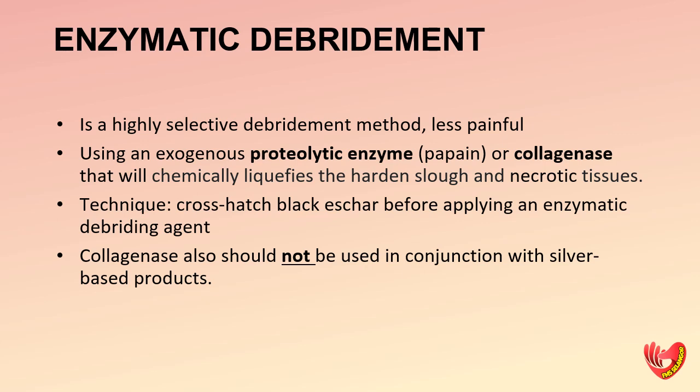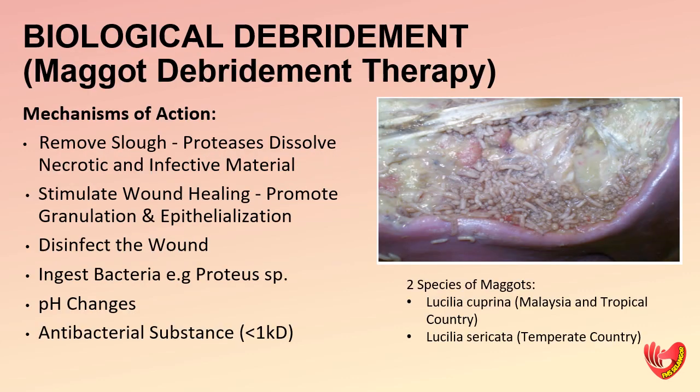We should cross-hatch black eschar before applying an enzymatic debriding agent. This type of debridement is not recommended for patients with known sensitivity to the product's ingredients. Also remember, collagenase should not be used with silver-based products. The biological type of debridement uses maggots.